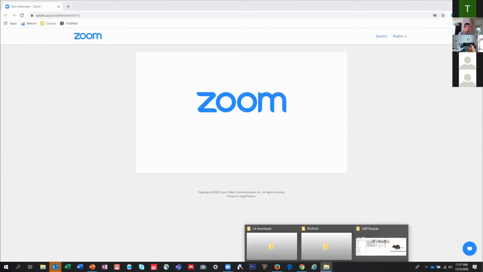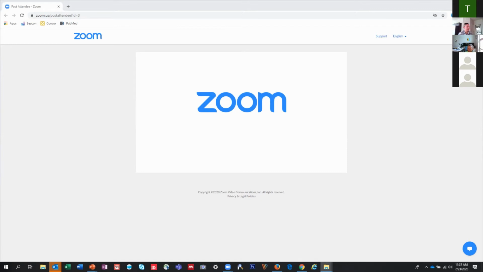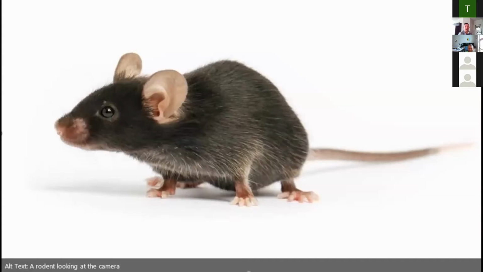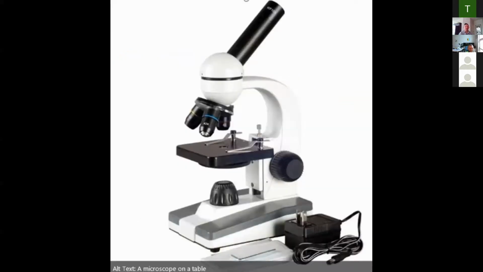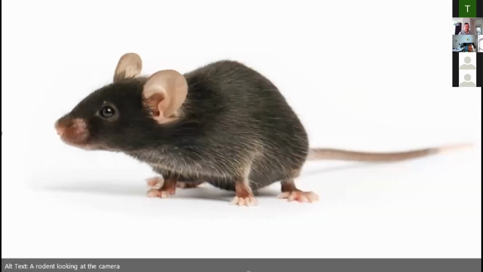And so frequently PowerPoint has been playing pathologist alongside me and telling me what I'm seeing when I import the images. It does a remarkably good job at some of the standard images. For instance, I just grabbed this from the internet, and it's not predetermined. It's generating this caption de novo. So: rodent looking at the camera, which is pretty impressive. It's not just a mouse. It's actually a rodent looking at the camera.